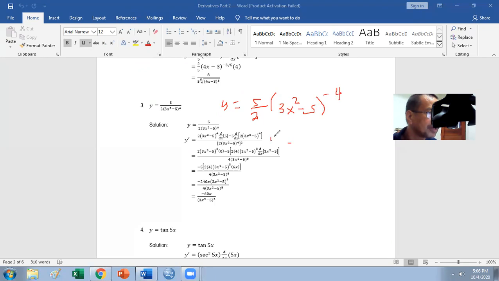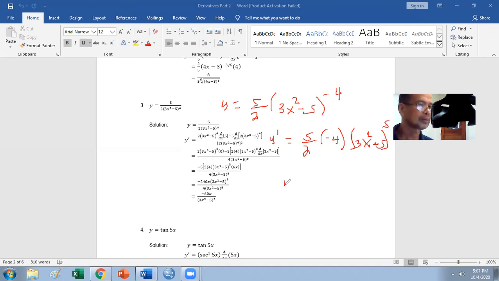So, yung y prime mo ngayon will become 5 over 2 times negative 4 times (3x squared minus 5) raised to the negative 5.